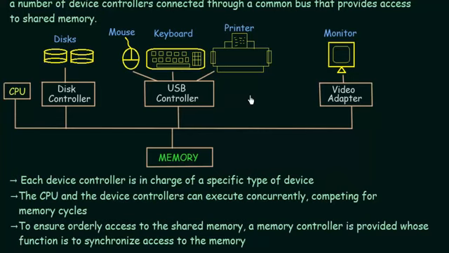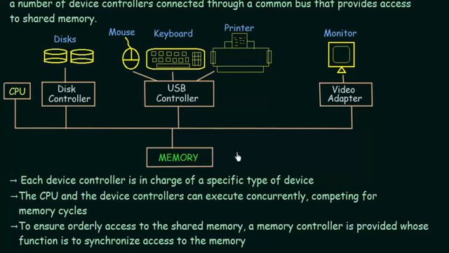Now in order to make all this work seamlessly without any lag or problems, what do we need? To ensure orderly access to the shared memory, a memory controller is provided whose function is to synchronize access to memory. As I already told you, all these devices need access to the memory because they all have to be loaded into memory in order to work.